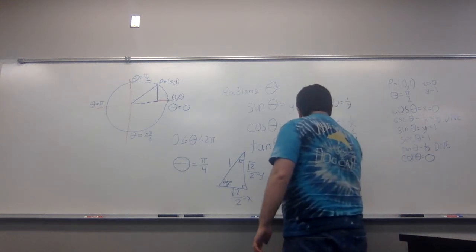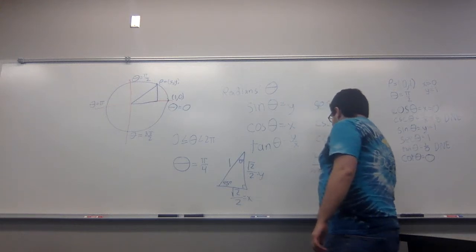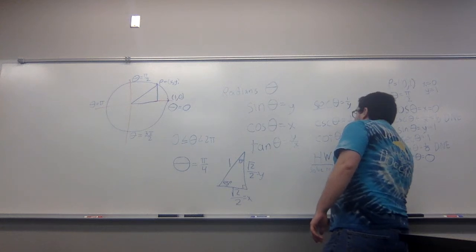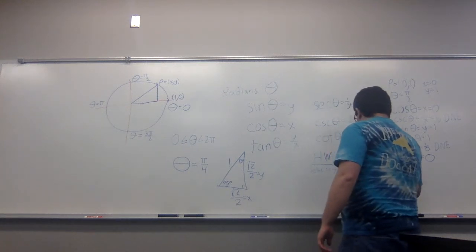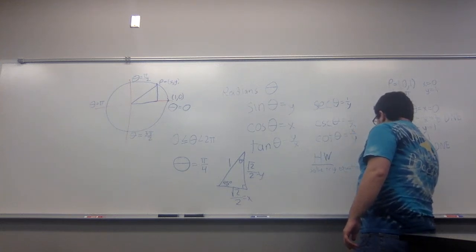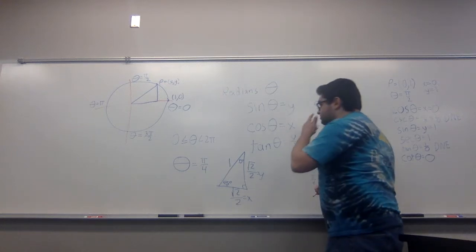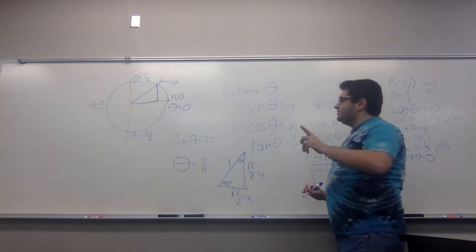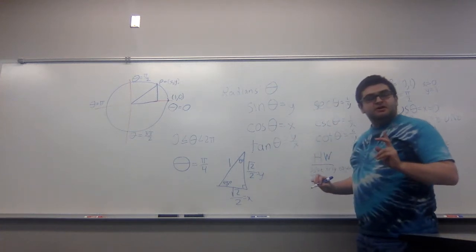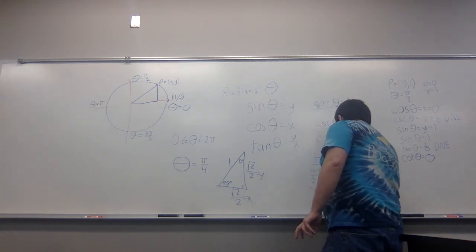I'm going to have you guys do two things for homework. First off, solve the trig equations for pi over 4. And then also, think about what you might do for trying to figure out what x and y would be for pi over 6 and pi over 3.